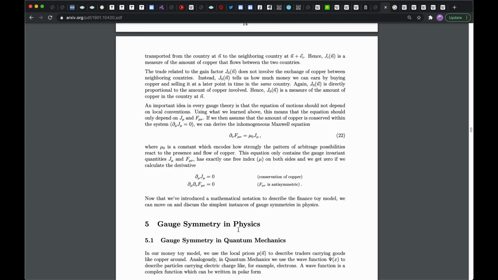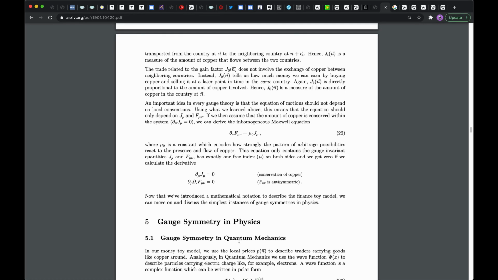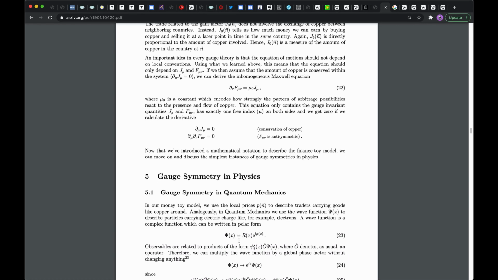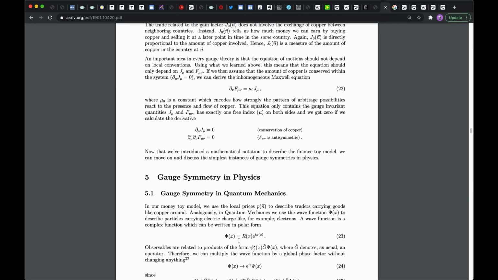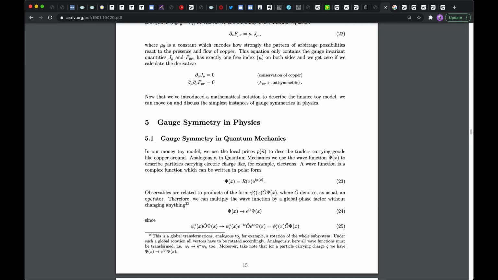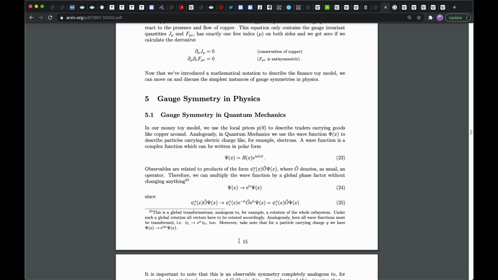But anyway, if we go back to the physics now and take a look at the gauge symmetry in physics, then basically we have two main domains, quantum mechanics, right, and electromagnetics.